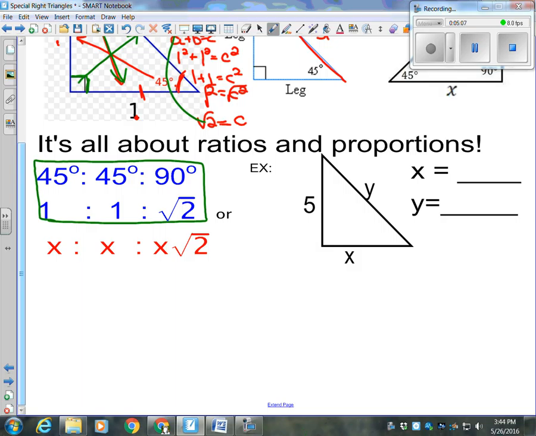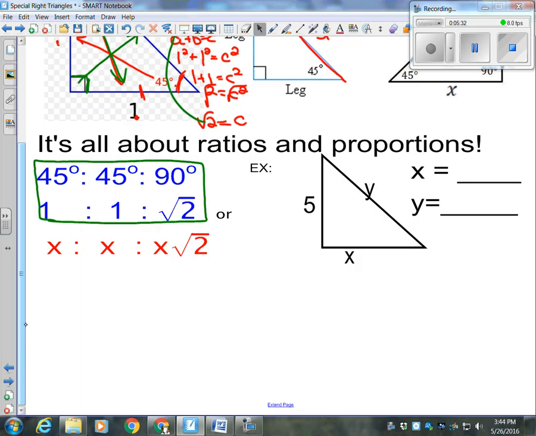Now, I want to imagine, what if I took a triangle, like I have this one here, and let's just say it started out as a small triangle, and it had 1 to 1 to square root of 2. And then let's say that I took that triangle and I made it large. Let's say I made it 5 times larger. Just trying to relate it to a new picture.